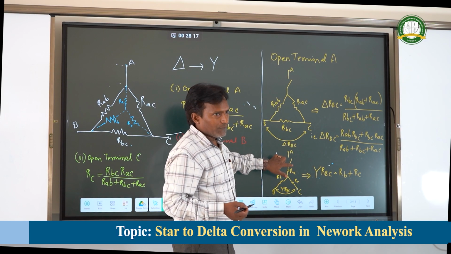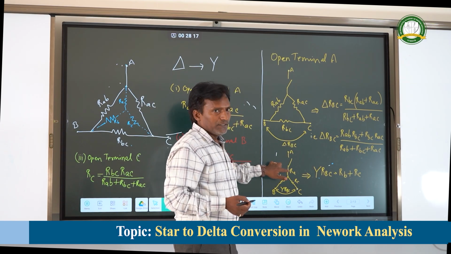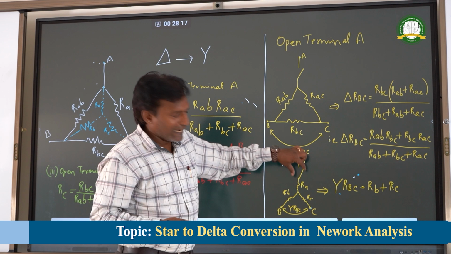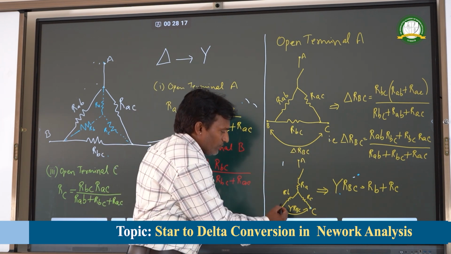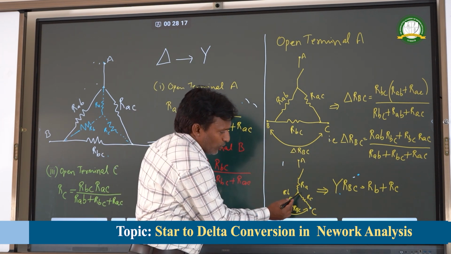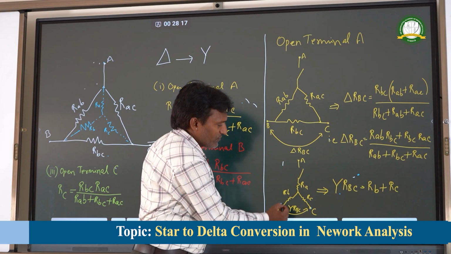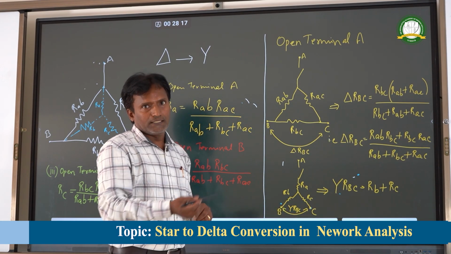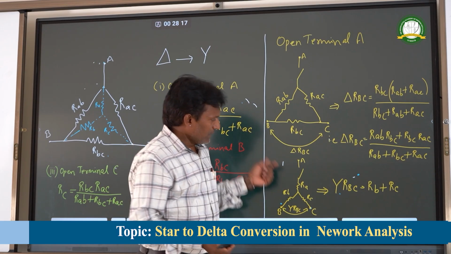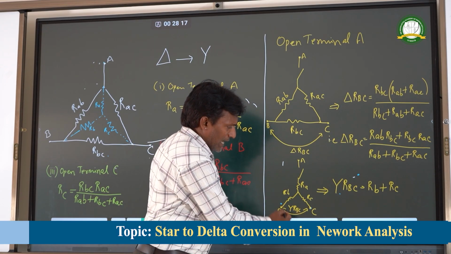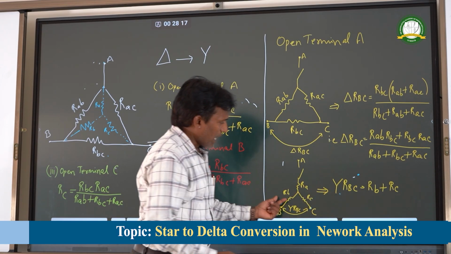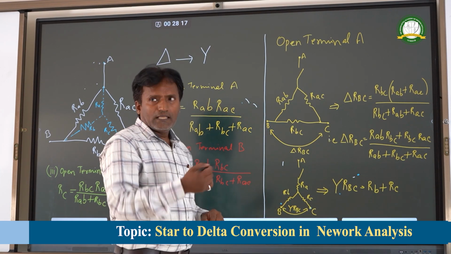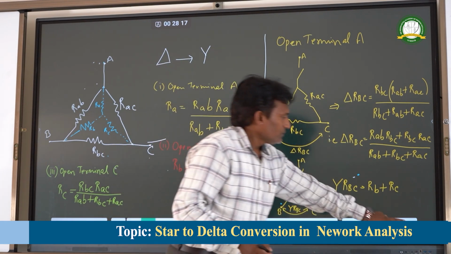Whenever there is no current through an element, that element becomes redundant, and we should not consider RA here. Whatever current flows in terminal B will flow through terminal C, so the same current flows through both elements, which means they are in series. Therefore the effective resistance across star RBC is equal to RB plus RC. Now I implement equation number 1.